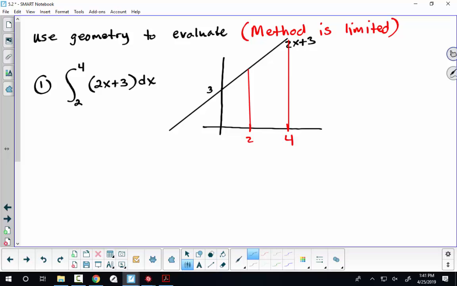Okay, so that's the area we want. That's what all those symbols mean, we're just finding that area. Really the geometric figure consists of a rectangle and a right triangle.